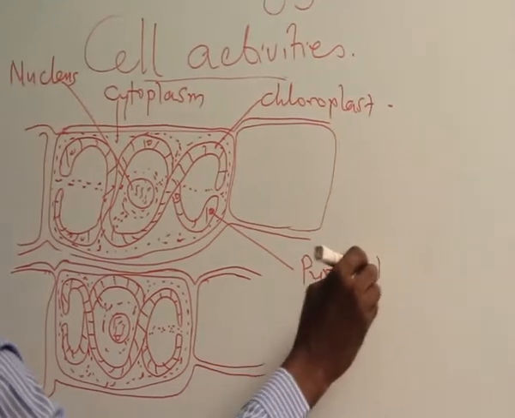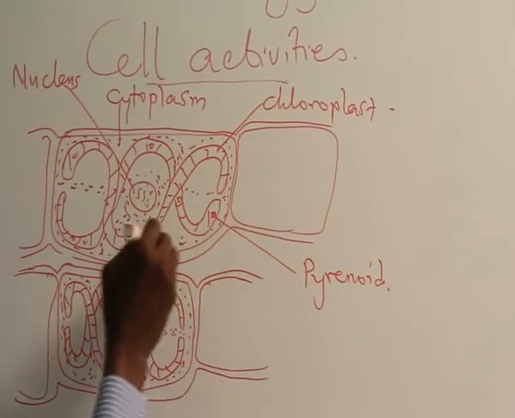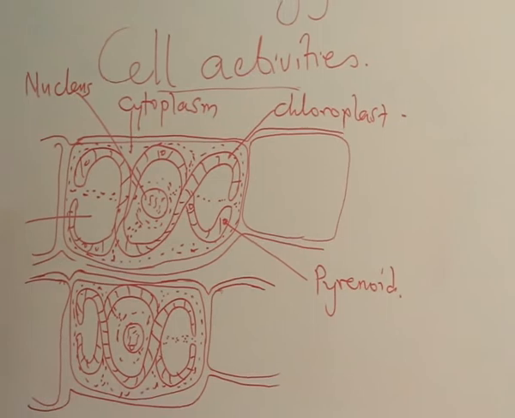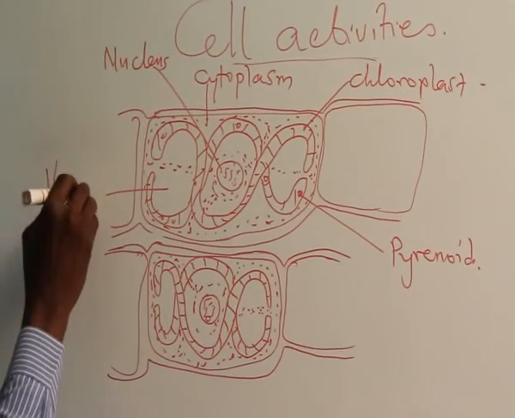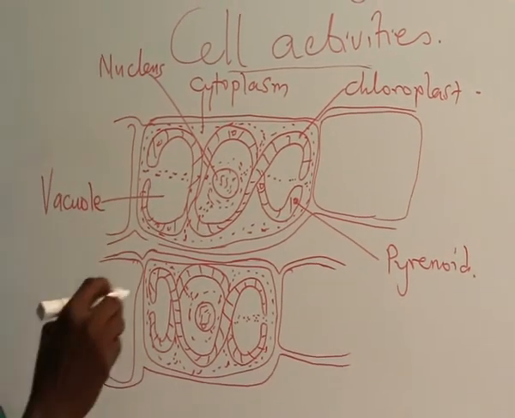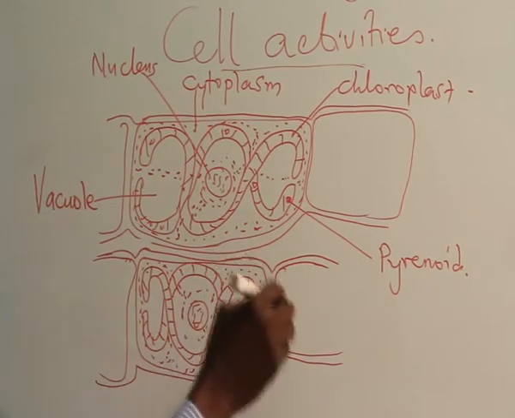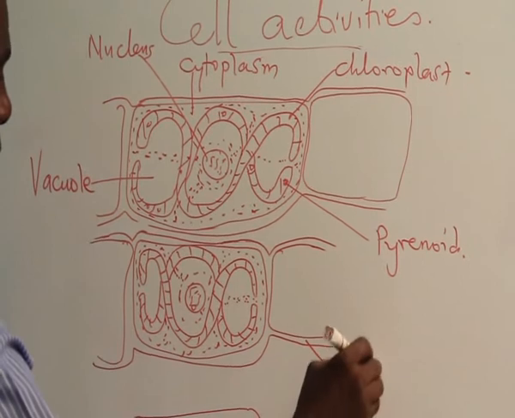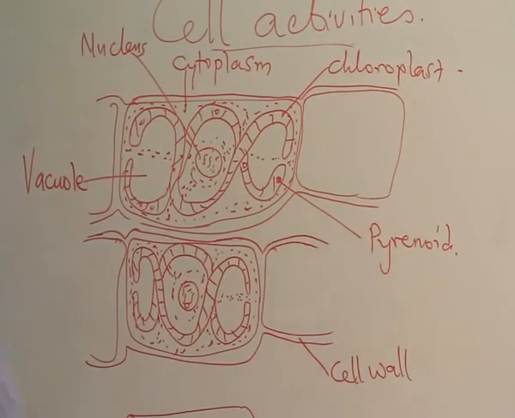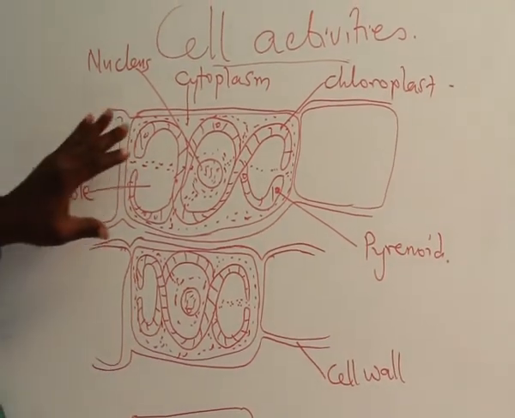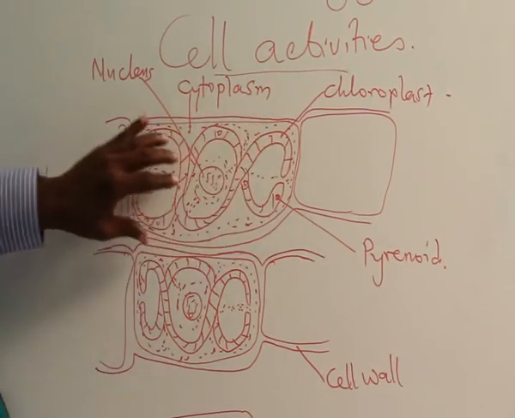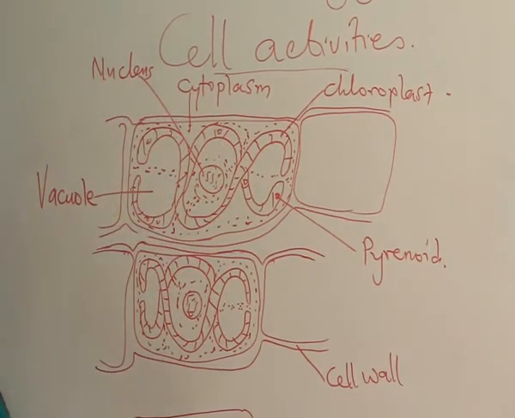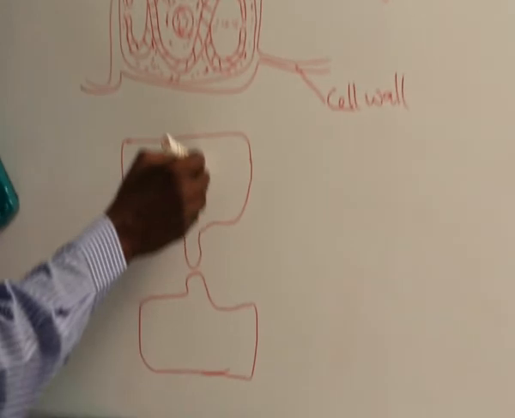Pyrenoid. We have vacuole. Then we have the cell wall. All this, the content inside the cell, will now get rounded up.